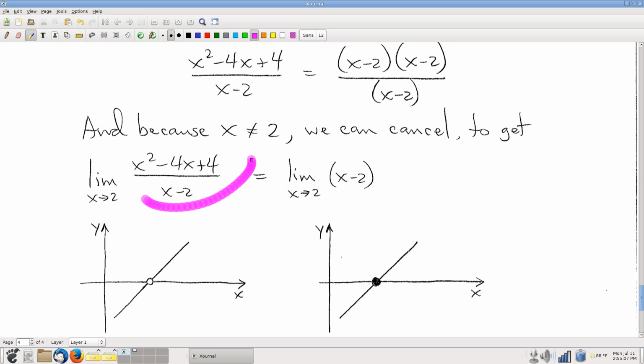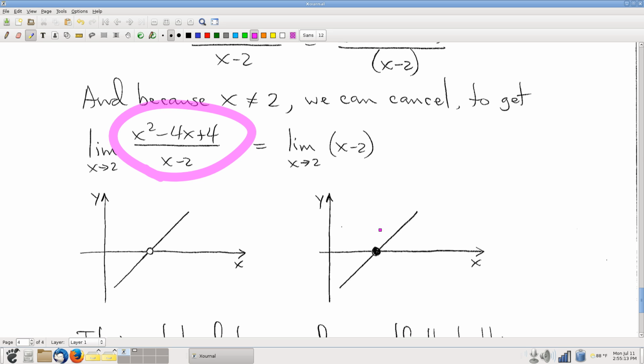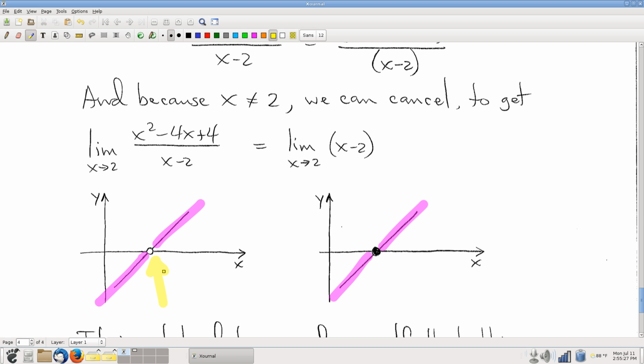So that means this weird function that I'm trying to understand its behavior at x equals 2 looks exactly the same as this, except at x equals 2. Where x is equal to 2, of course, this function's not defined, and so notice the gap there.